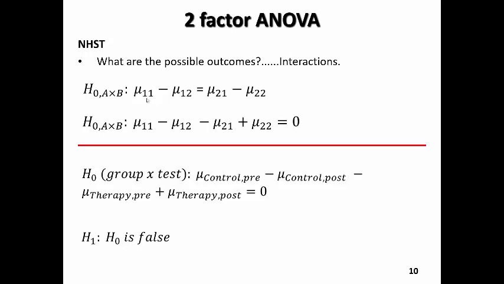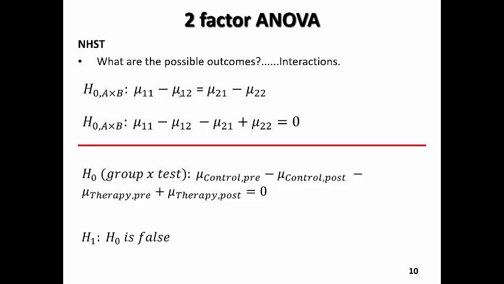system of i rows and j columns, what we're doing here is we're going to compare the average of all the data in the first column and the first row, and that's the control group measured at the pretest, and we're going to examine the difference between that average and the average of the first row, which is the control group, evaluated on the post-test, which is the second column.